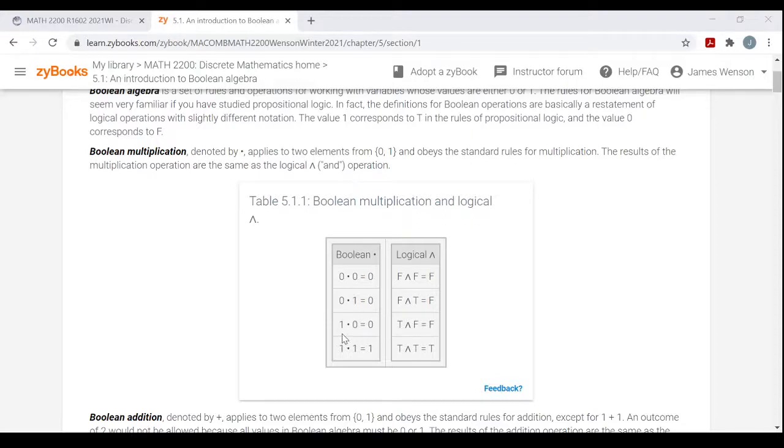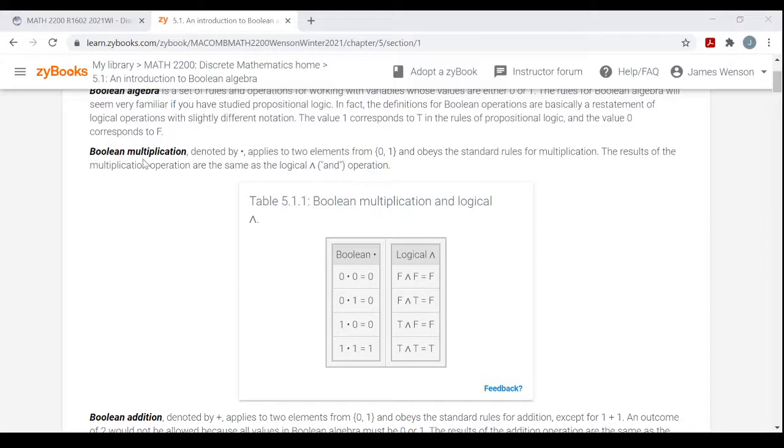That's just like true and false is false, and 1 times 1 is 1, just like true and true is true. You're back in logical propositions studies. And as they mentioned up here, this works exactly like you would expect it to when you multiply numbers. Anything times 0 is 0, and 1 times 1 is 1. So Boolean multiplication works out in a nice way.